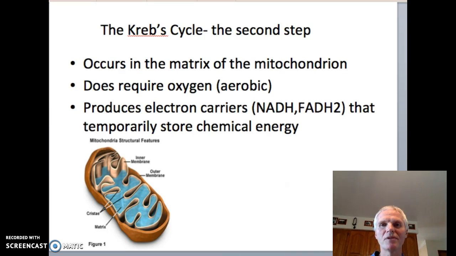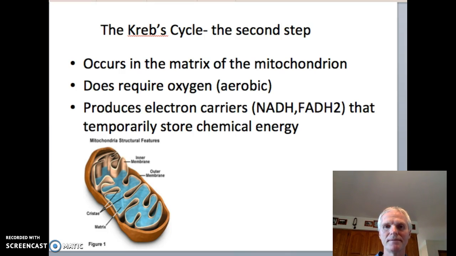And the goal of the Krebs cycle is to take the 2 pyruvates, remember 2 of them, from glycolysis, and basically use those to produce these electron carriers that store the energy called NADH and FADH2. And then those later on will be used, we'll see, to make ATP at the end of cellular respiration. But this is the Krebs cycle, also called the citric acid cycle.